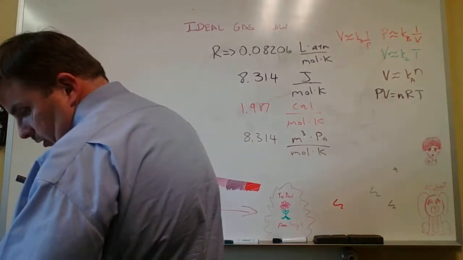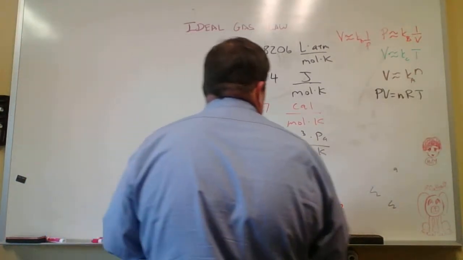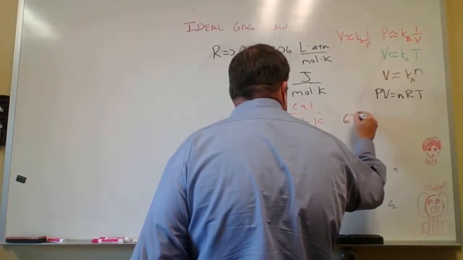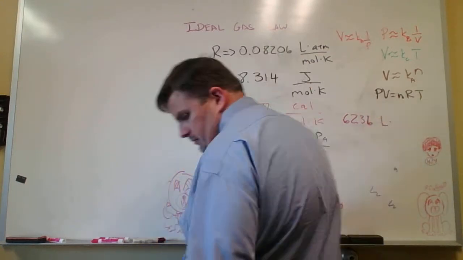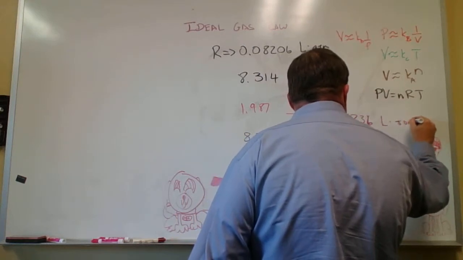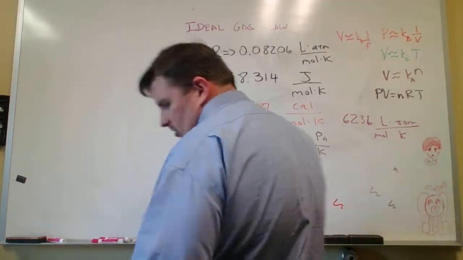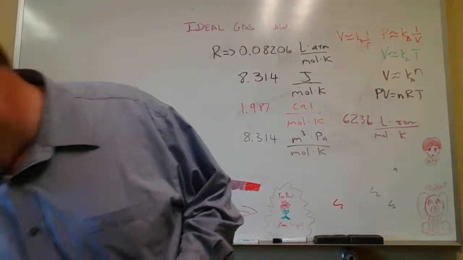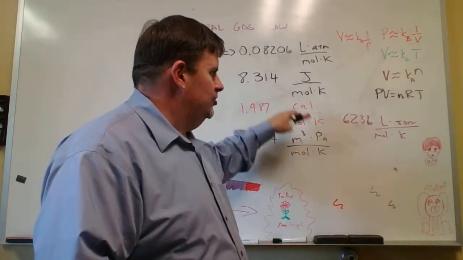And there's one more, and this one is 62.36, and this is liters times torr over moles times Kelvin. Notice that in each of these cases, everything is over moles times Kelvin, but the top changes.